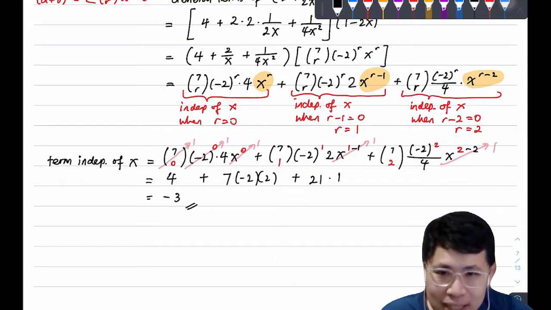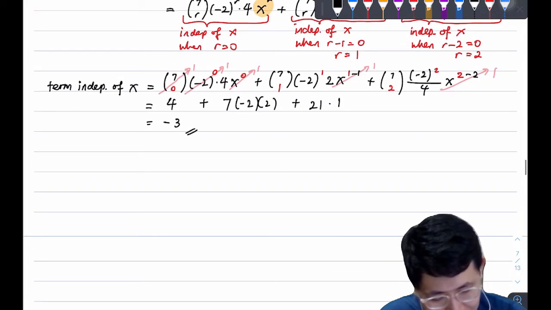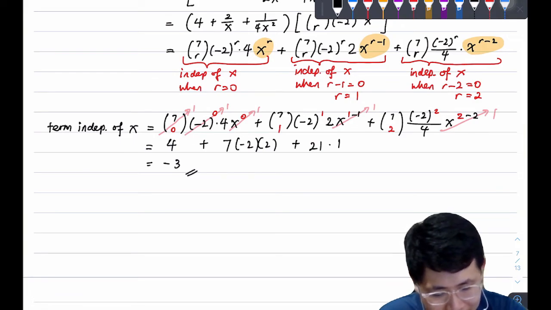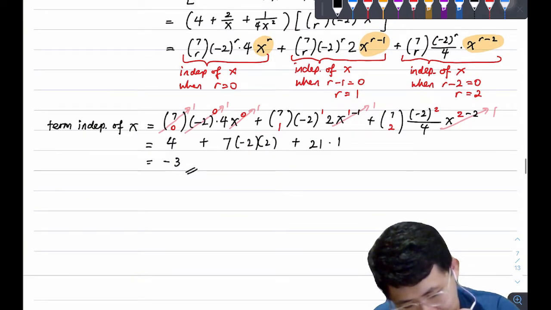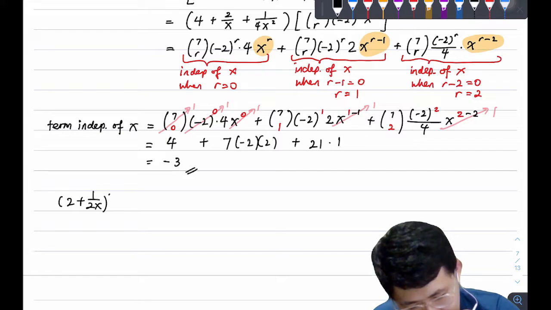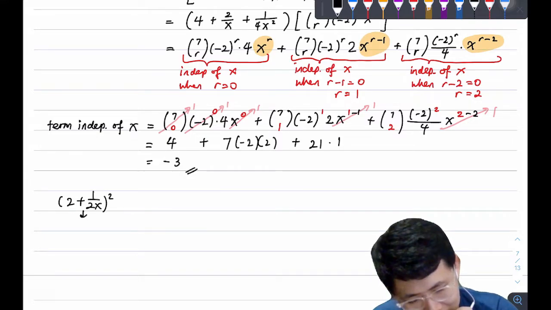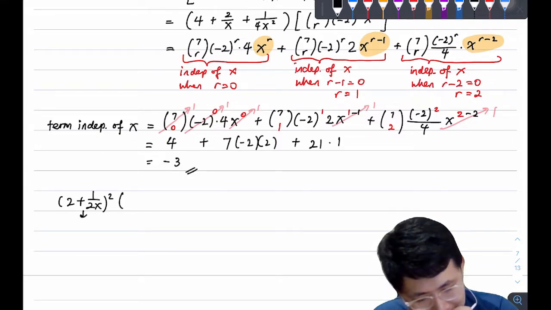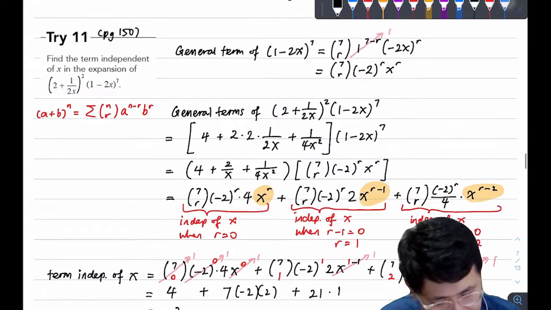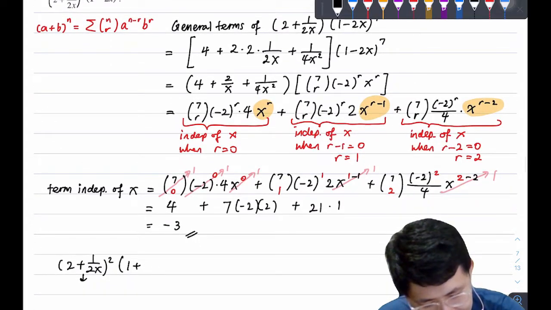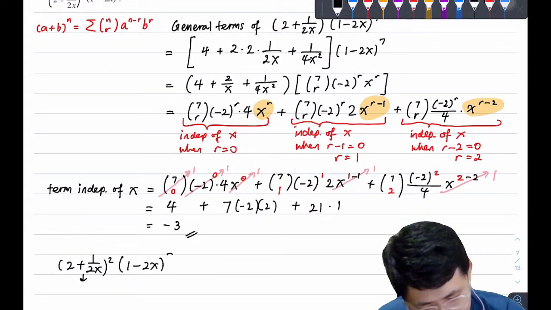So technically, what are we doing? If you want to look at this view, we have our 2 plus 1 over 2x squared with the expansion below, and we have our 1 plus 2x, 1 minus 2x to the power of 7.